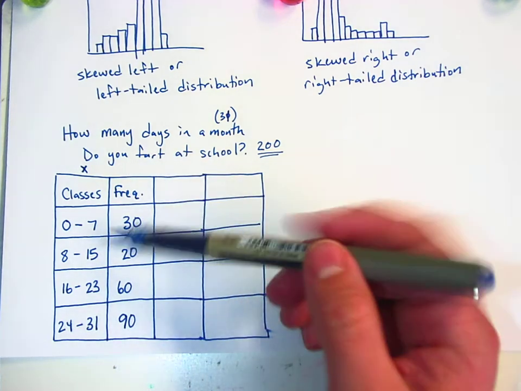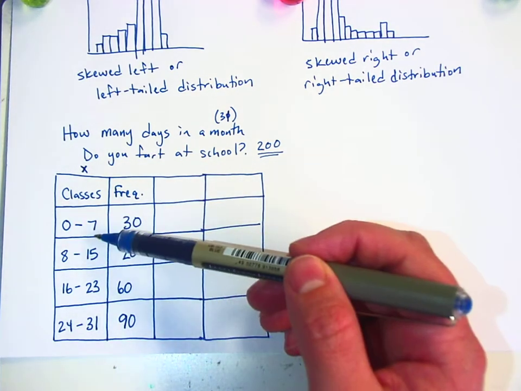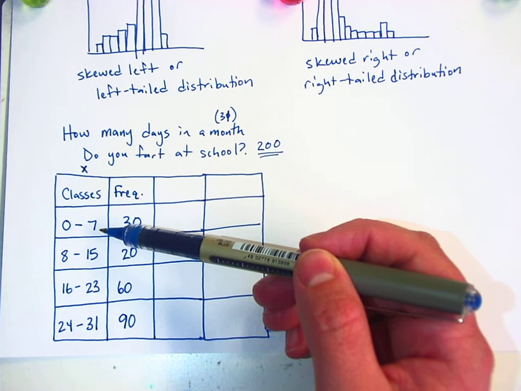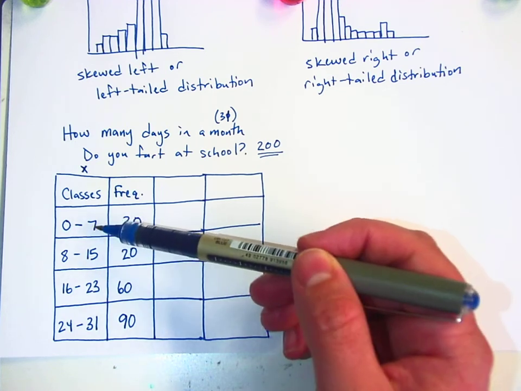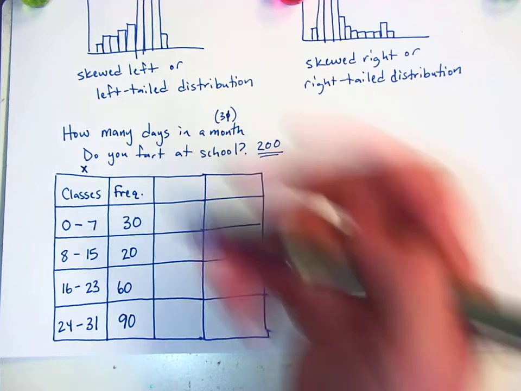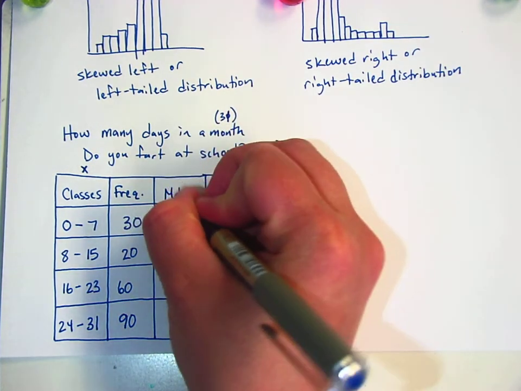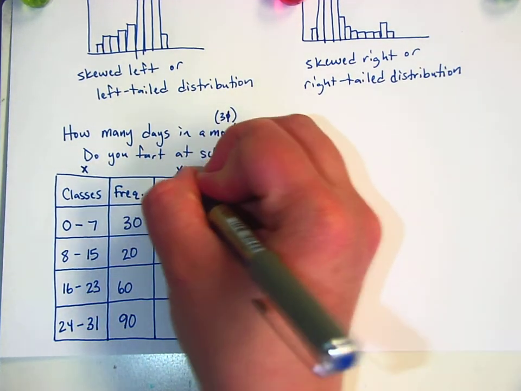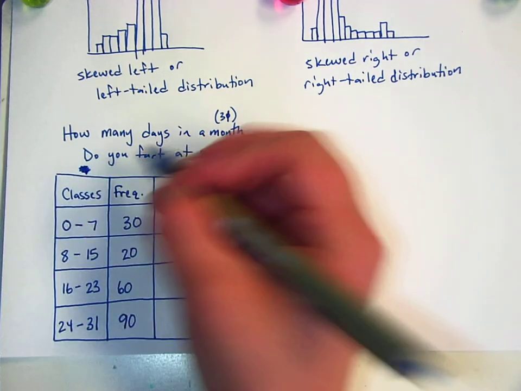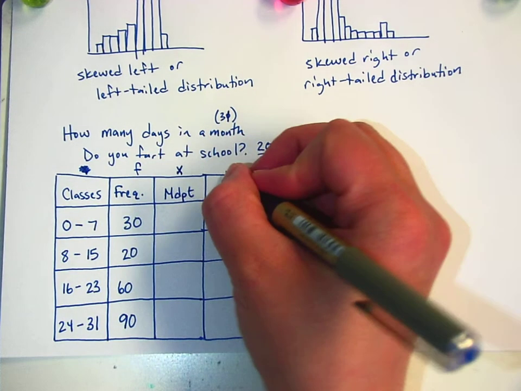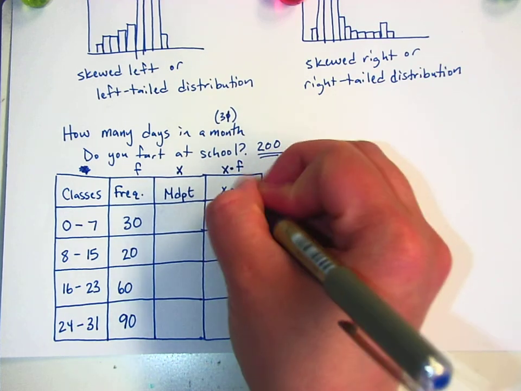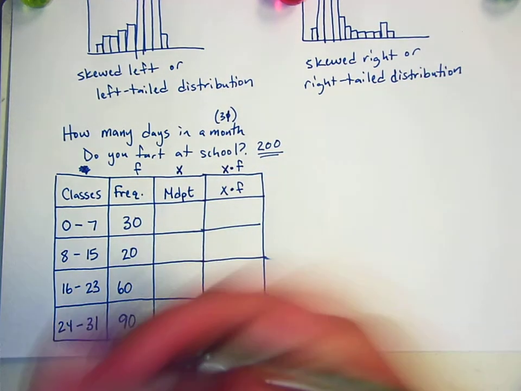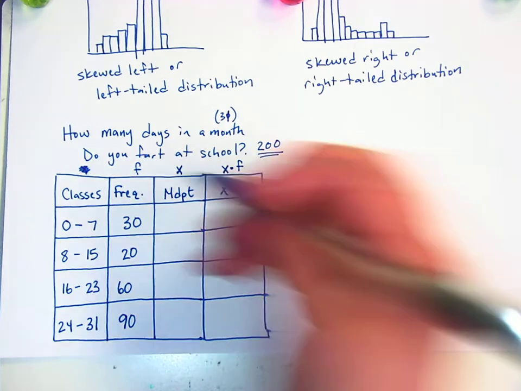But here's the problem. This says 0 to 7. Like, that's not one number, right? So what's one number we could use that would work, yeah? Yes. So the midpoint actually is going to be our x. This is our f. And then our plan is that we're going to take x times f, get a summation, and then divide by 200 because there's 200 kids.